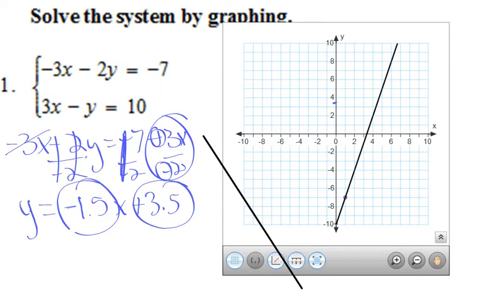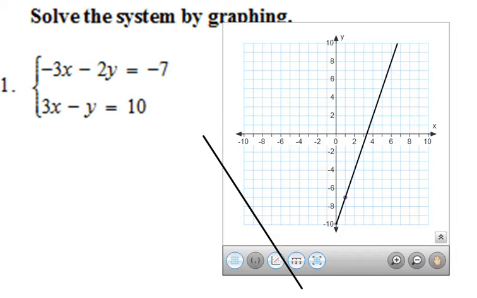So it means I'm going to go down a half, down a full, so there's 1 1/2, and over to the right 1, and plot that second dot. So again, it was 3 1/2, and down 1 1/2 and over 1, right there. When we connect these two lines, we're going to get something like this.